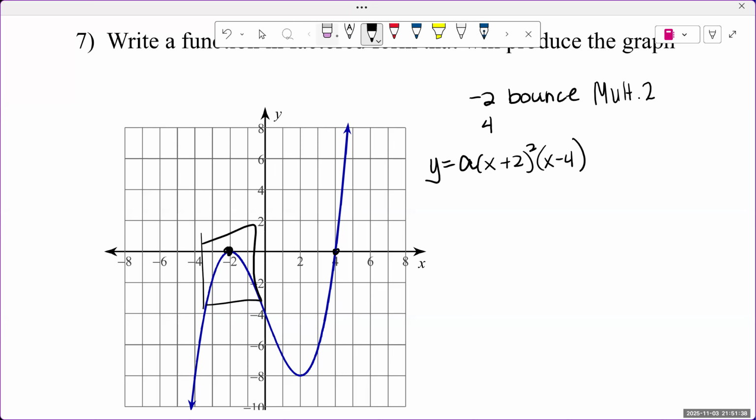Okay, now look at this point right here. That point is, so we have an x1, y1, which is 2, -8. What is my next step? Plug it in, plug in the -8 for the y, plug in the 2 for the x.